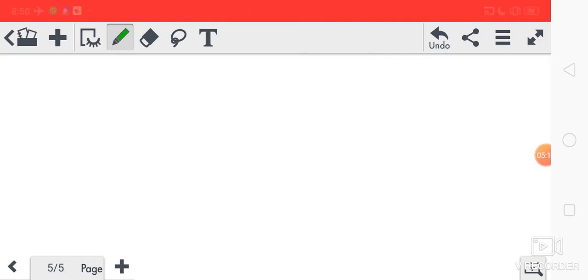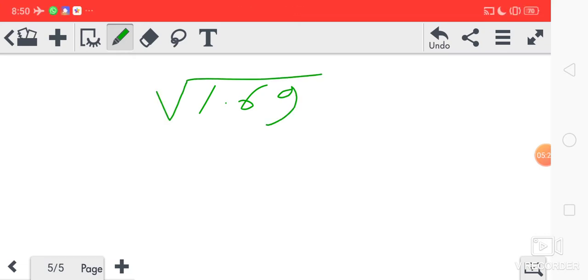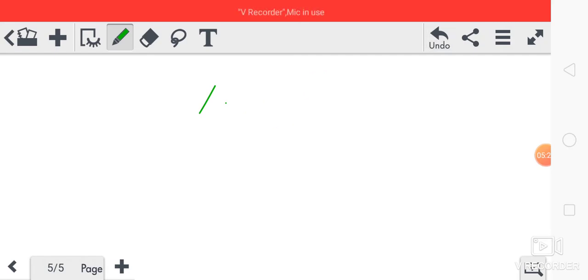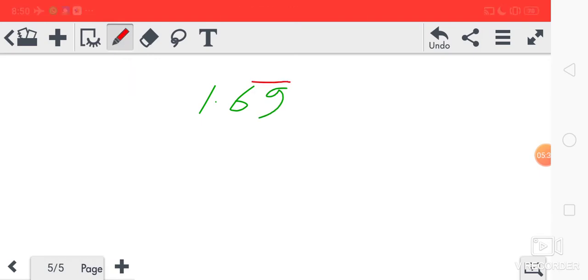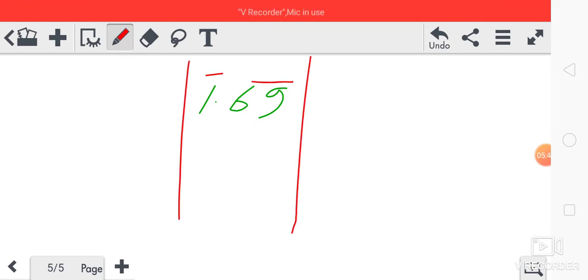Now suppose we have to find the square root of 1.69. How will we find it? We take 1.69. Now we have to make pairs of two digits, after the decimal one digit. After the decimal one digit is there, so take only one digit on the left side.